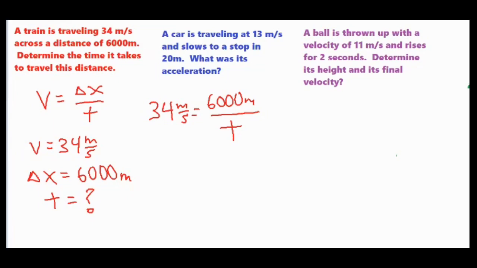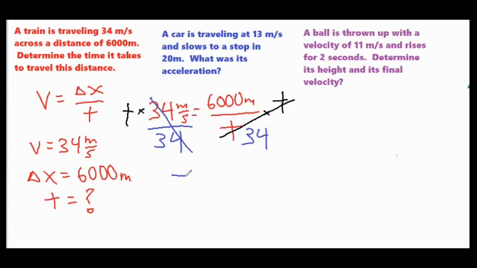We don't want the t in the denominator, so we're going to go ahead and multiply both sides by t to get it out of the denominator. And then from there, we just have one more step. We want to make sure that we cancel out our 34 meters per second so that the t is completely by itself. So we're going to divide both sides by 34. Since we're multiplying by 34, we are going to do that opposite operation.